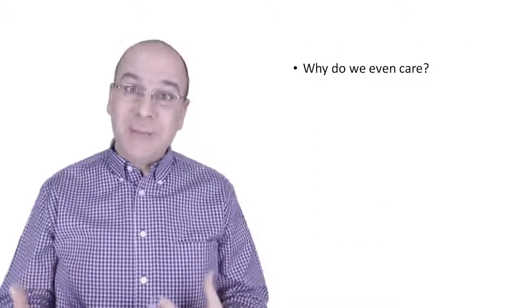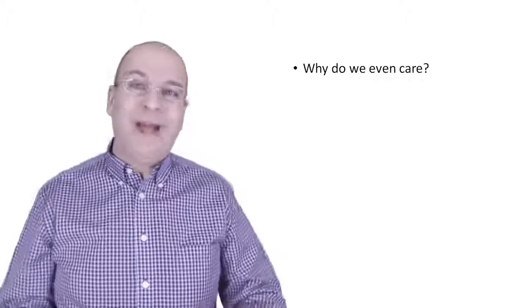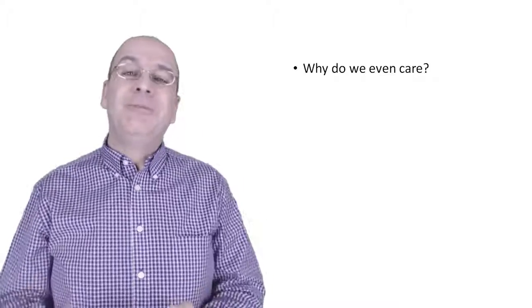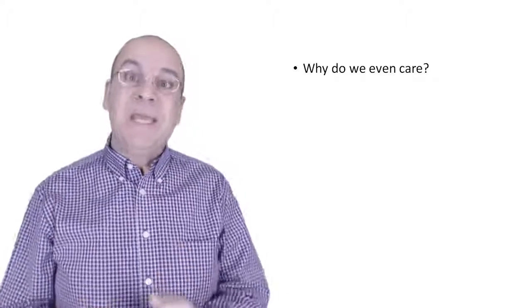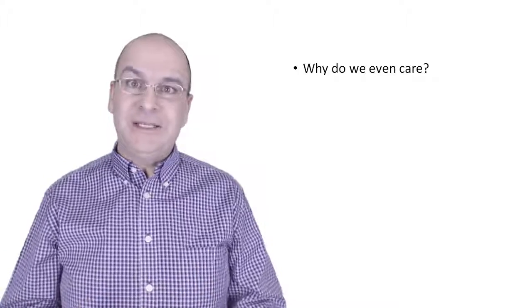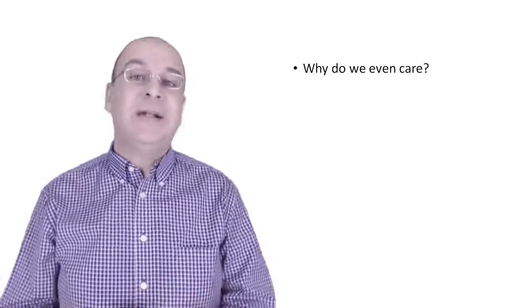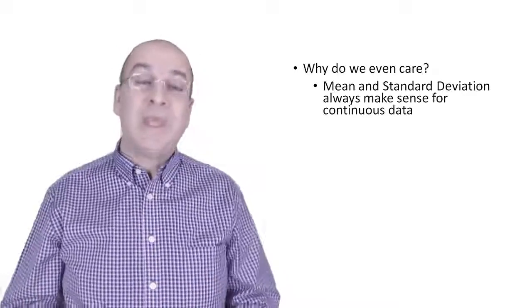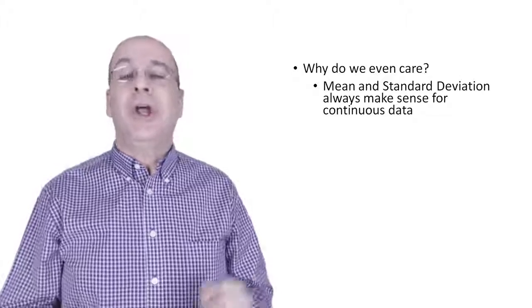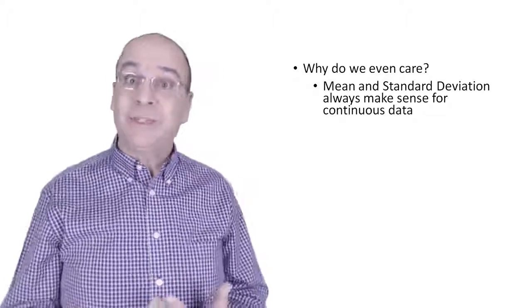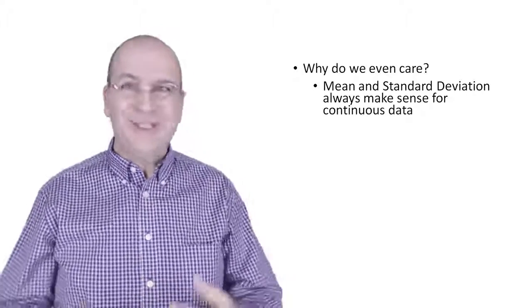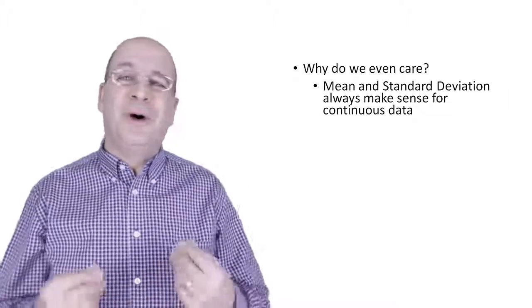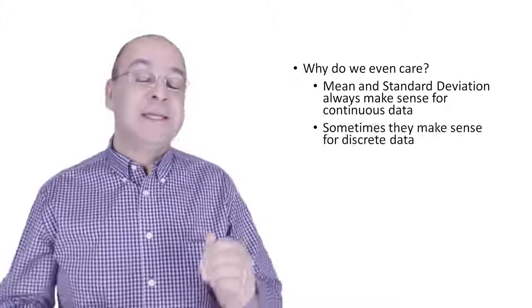So you could reasonably ask at this point, why do we care? And the reason we care is because knowing if our data is continuous or discrete tells us whether mean and standard deviation are going to be useful to us. So mean and standard deviation always work on continuous data. They always make sense. It's reasonable to use them on continuous data.